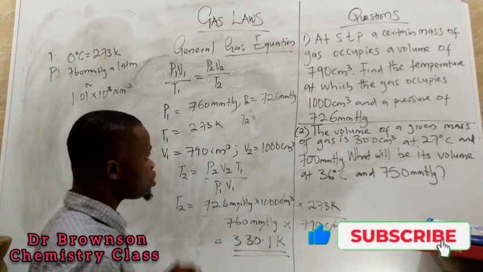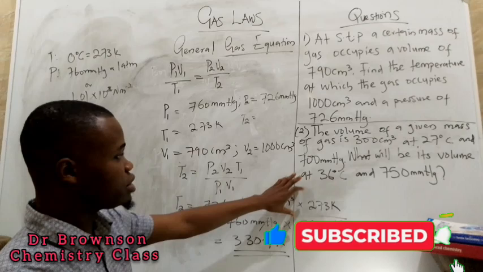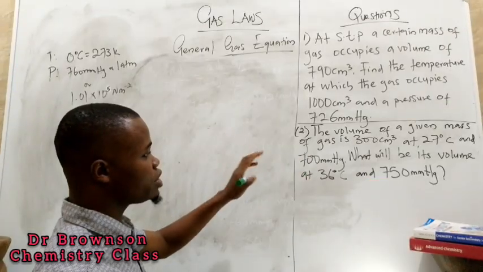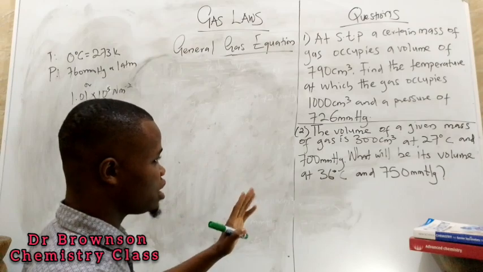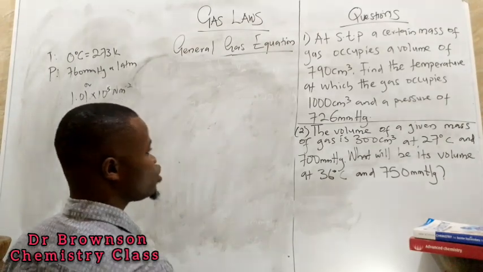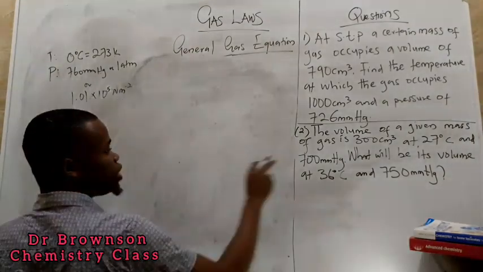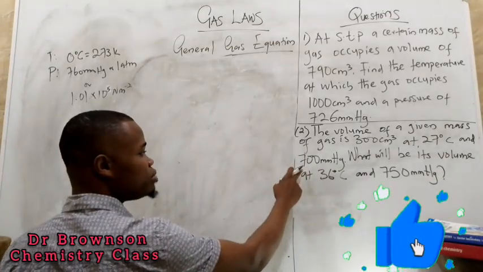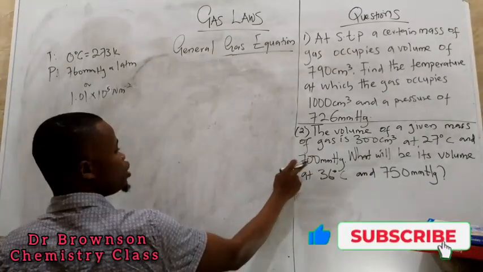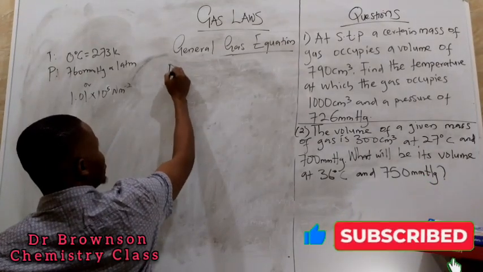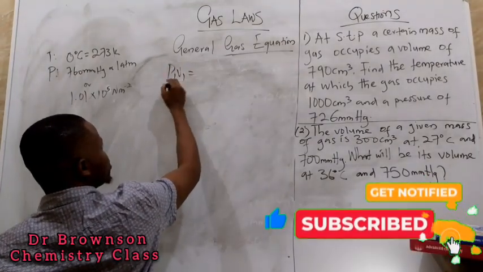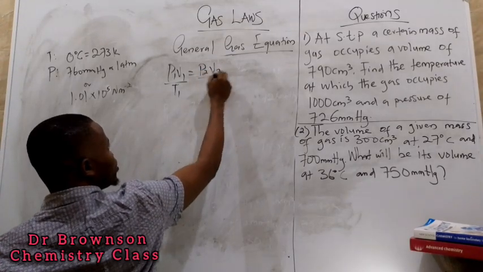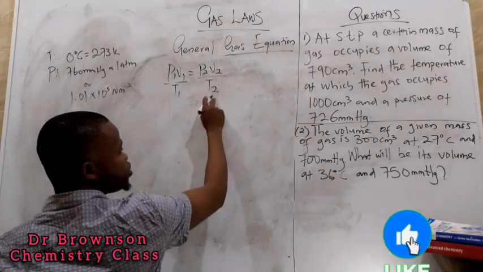Now let's answer the second question. The second question says the volume of a given mass of a gas is 300 centimeter cube at 27 degrees Celsius and 700 millimeter mercury. So our formula is P1 V1 over T1 equals P2 V2 over T2.